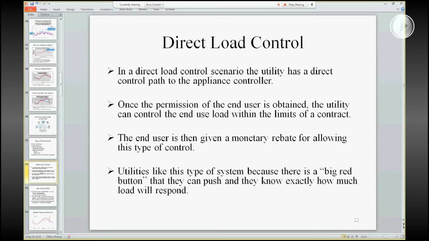Obviously, this is a quite popular method because it has what I call the big red button. For the most part, utilities know what their response is going to be when they push this button. Now, setting that system up so that they get the response that's desired can definitely take some work, but for the most part, it's a fairly well-known and fairly well-understood type of control.